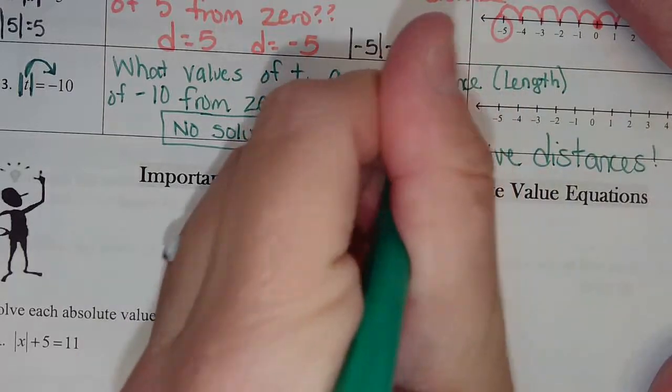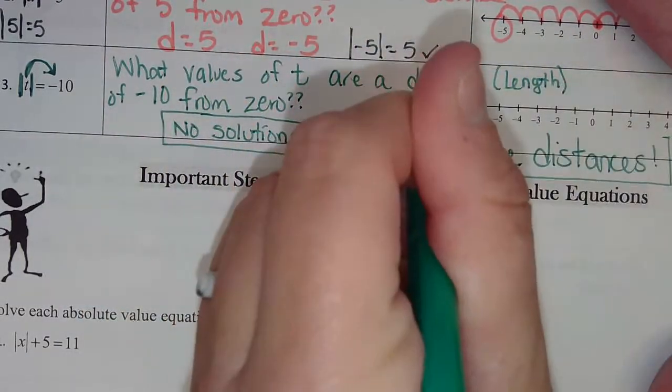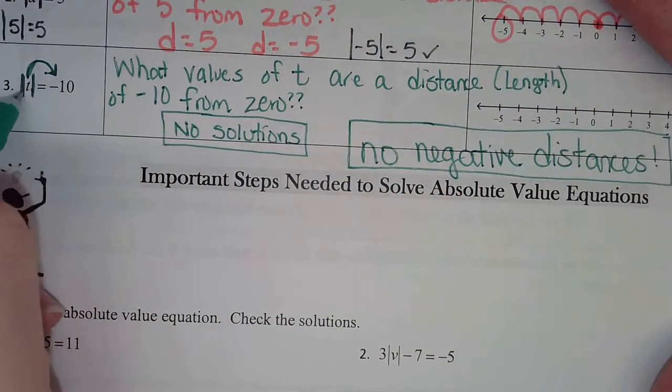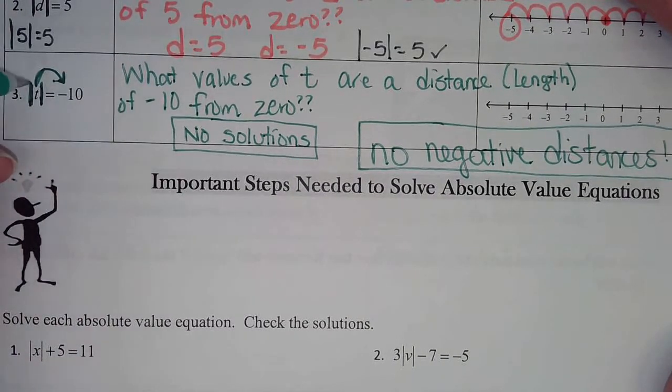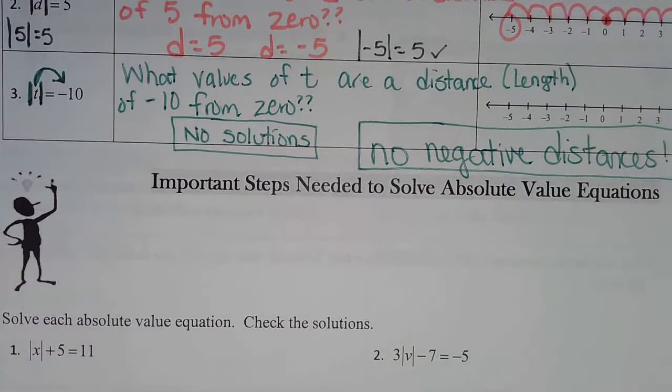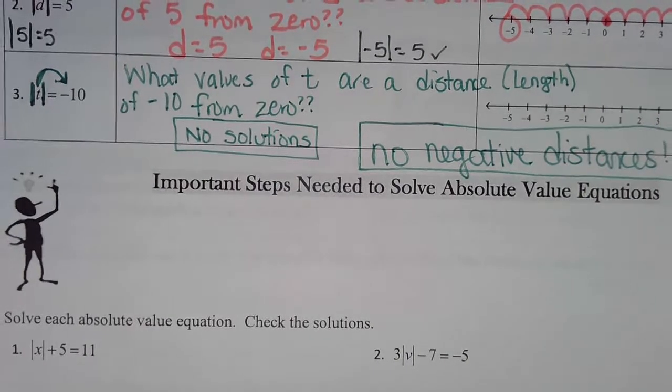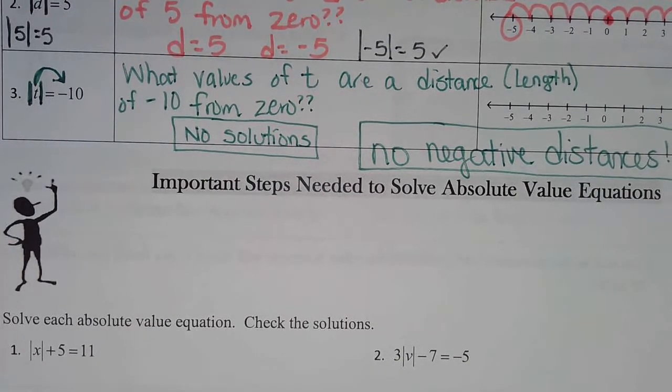If the bars are on, because we're going to take these bars off in a second, but if the bars are still on and it's equal to a negative number, that is a no solution, because you're asking somebody to find a negative distance, and that's not possible.